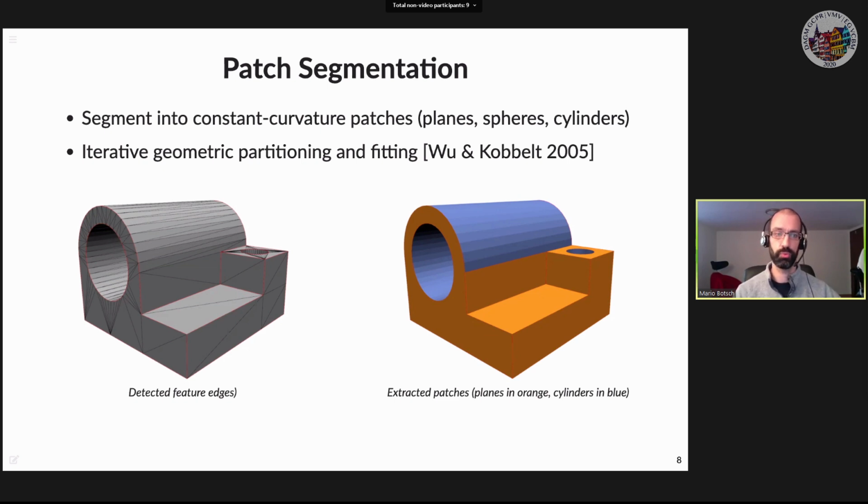So you refit a plane or a sphere or a cylinder to the set of triangles. Basically we fit all three of them and take the one that gives the best match. And this is iterated in a k-means fashion. For details, please see our paper or also the work of Julien and Lévy.